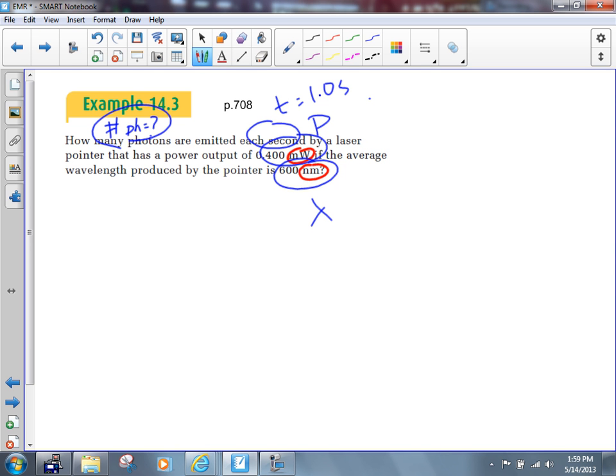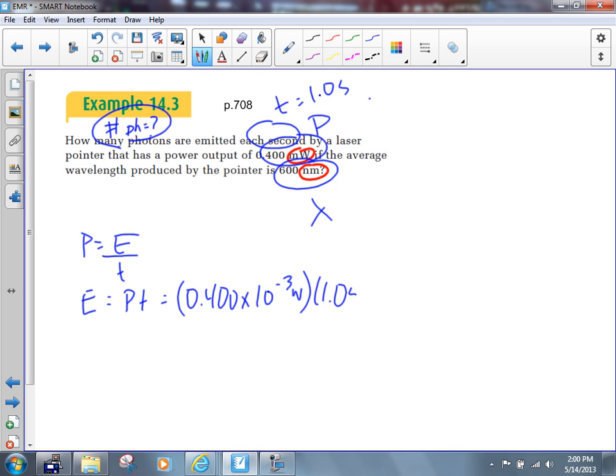What's the time? 1 second. We know that power is equal to energy over time. That's a Physics 20 thing. Energy is therefore equal to power times time. The power is 0.400 times 10 to the minus 3 watts. The time is 1 second. That gives us a total energy of 0.400 times 10 to the minus 3 joules.